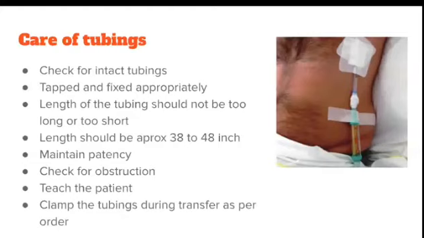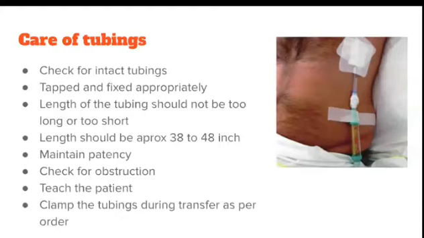It should not move around or dangle, so that it will not interfere and cause pain. You have to fix it to the skin as in the picture. The length of the tubing should not be too long or too short. Length should be approximately 38 to 48 inches.